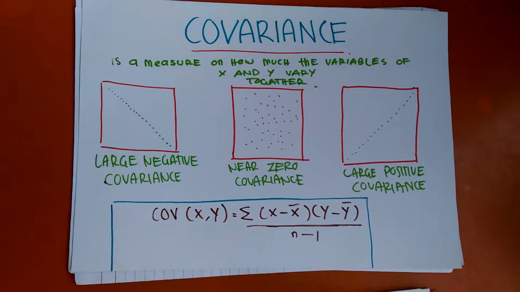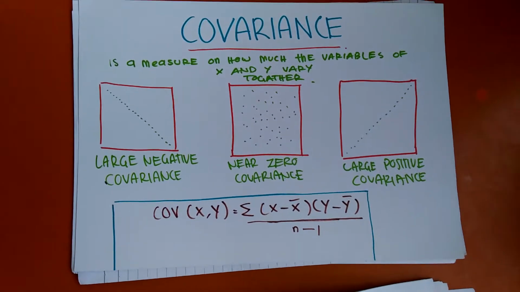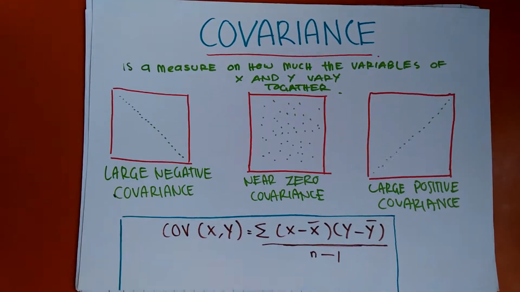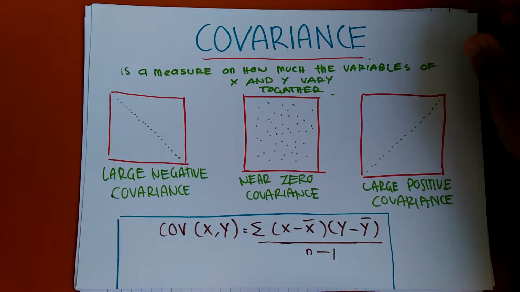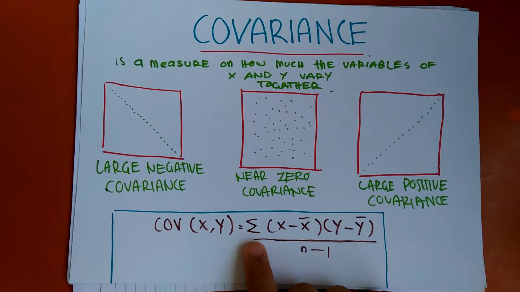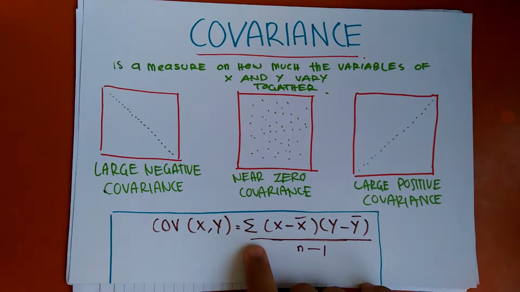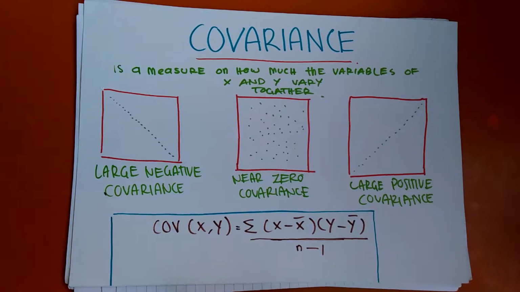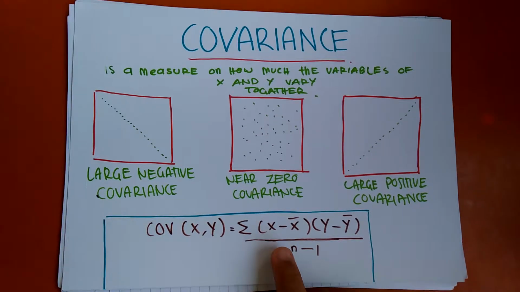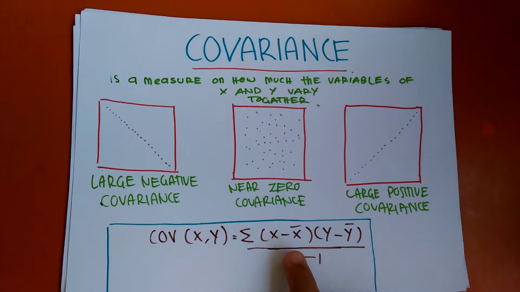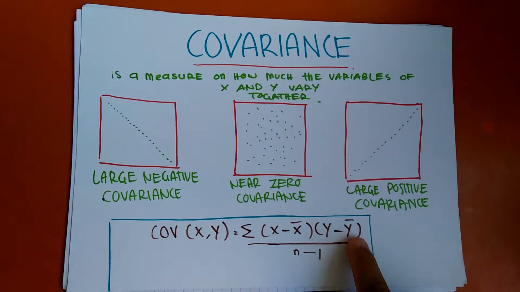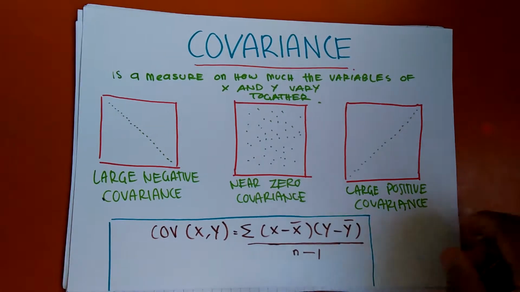Next is covariance. Covariance is a measure of how much the variables x and y vary together. The formula for covariance is the summation of x minus mean of x multiplied by y minus mean of y, divided by n minus 1.